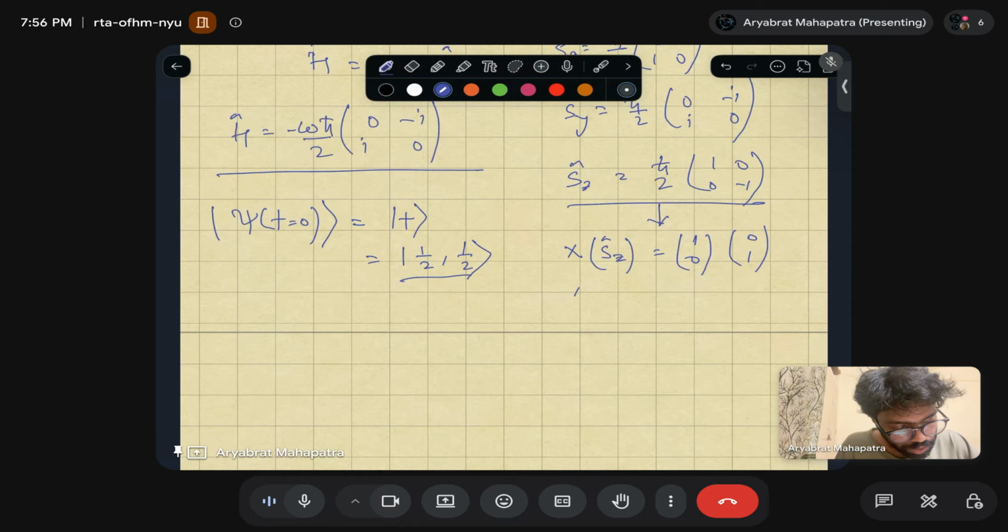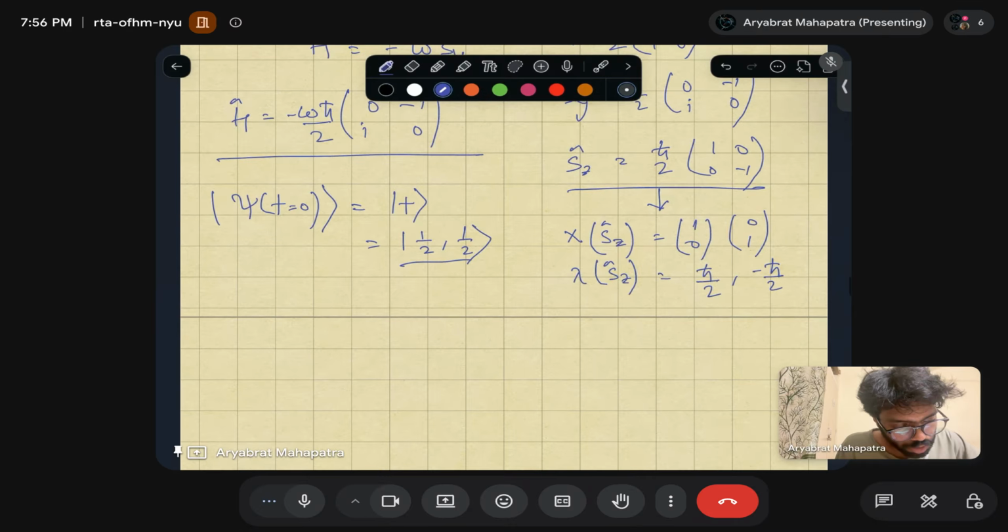They are the eigenvectors, and lambda is your eigenvalues. So corresponding to the 1 0 eigenvector, h bar by 2 will be the corresponding eigenvalue, and minus h bar by 2 will be the corresponding eigenvalue for the 0 1 eigenvector. So these are your eigenvalues.